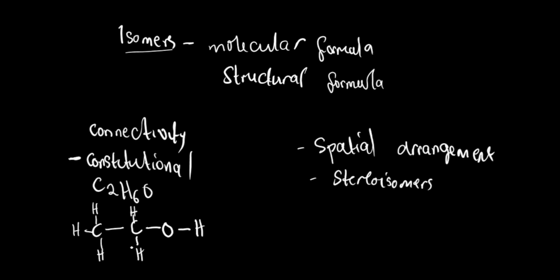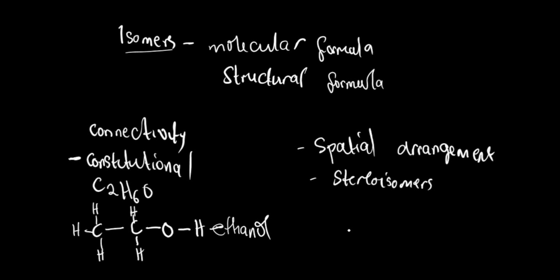Now, if we count the number of hydrogens, we have 1, 2, 3, 4, 5, 6 hydrogens, which corresponds to our molecular formula. We have 1 oxygen and we have 2 carbons. If we take a look at this structure, we would see that this is an ethanol. Now, this is a constitutional isomer for this molecular formula.